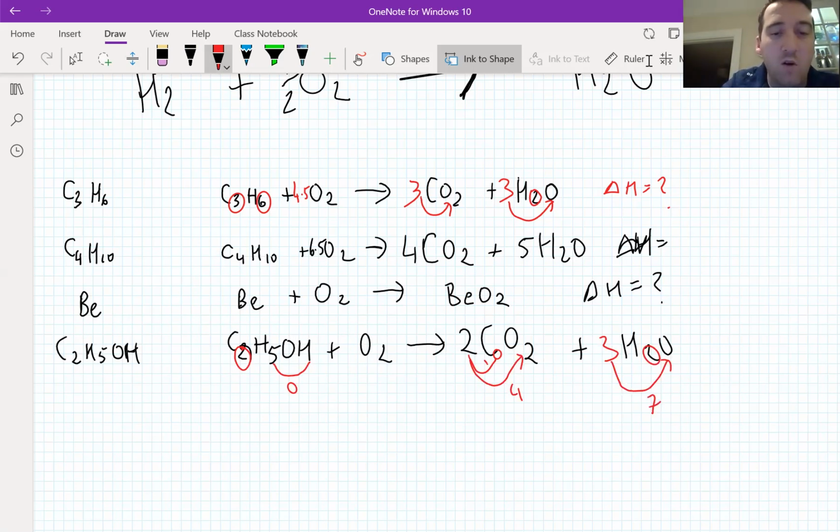Over this side we've got 1 oxygen here, so be careful about that. And then we've got 2 here. So we've got 1 and we need 6 more. So here's 2. If I make this a 3, I now have 6 oxygens plus the 1 here, which is 7, and I've got 7 over here as well on the right. So that would be now balanced. So that is how we would write equations for combustion equations, basically. Again, this is going to be a really important skill when we go to do the longer calculations.